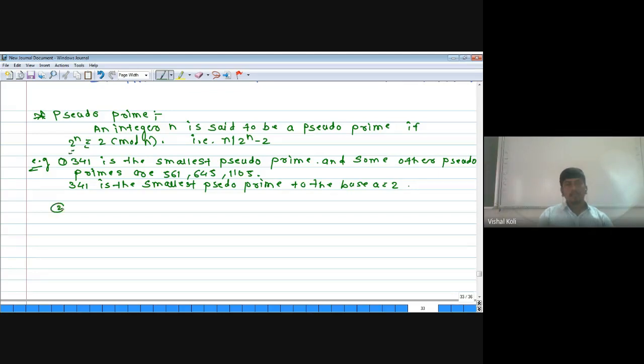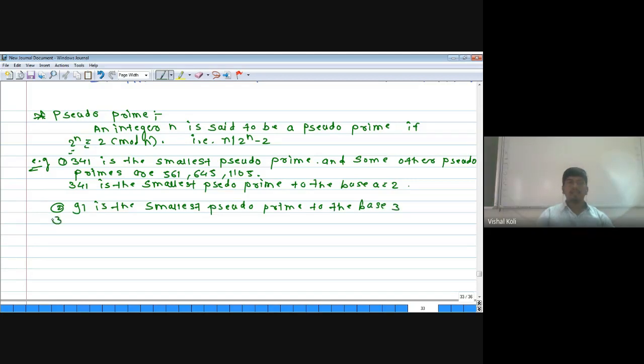Okay, so 91 is the smallest pseudo prime to the base 3, that is a equal to 3.